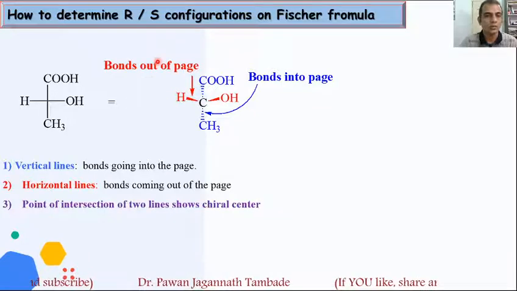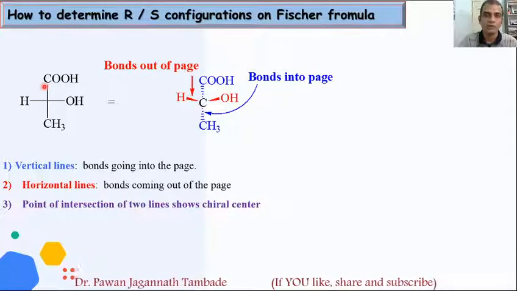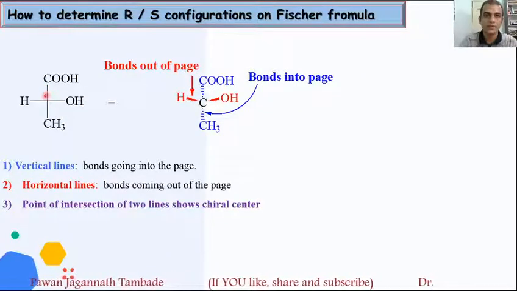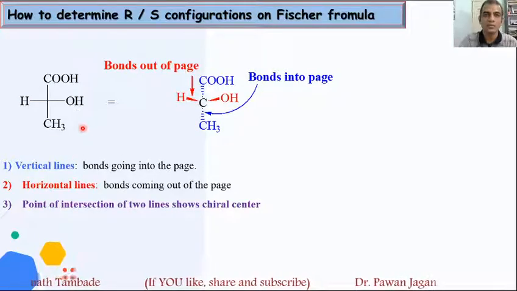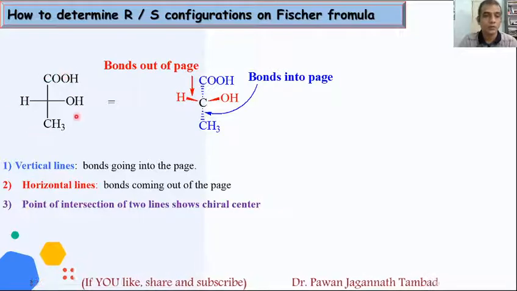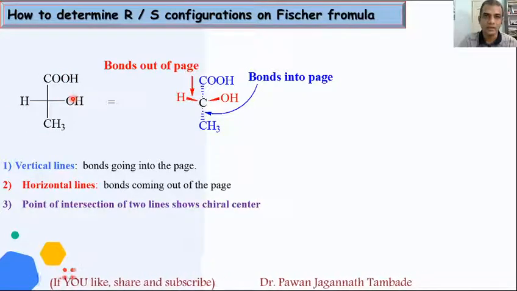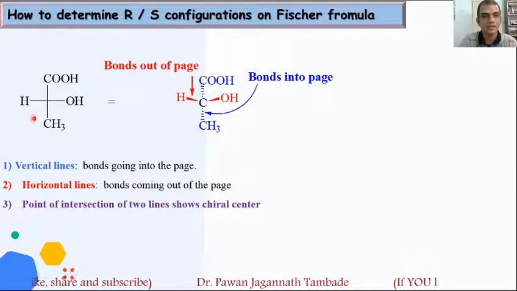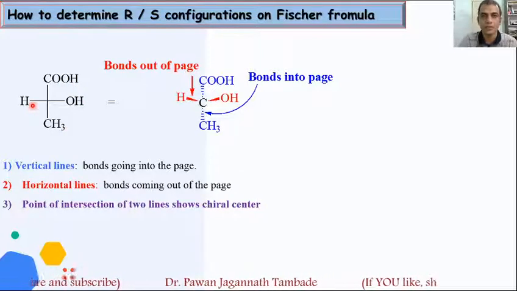Now, in order to assign R and S configuration to this structure, first of all, we will find out the stereocenter. So this is the stereocenter. Then we will assign priority to these atoms or groups attached to the stereocenter. So we know that among these four, OH has first priority, COOH has second priority, CH3 has third, and hydrogen has fourth priority.